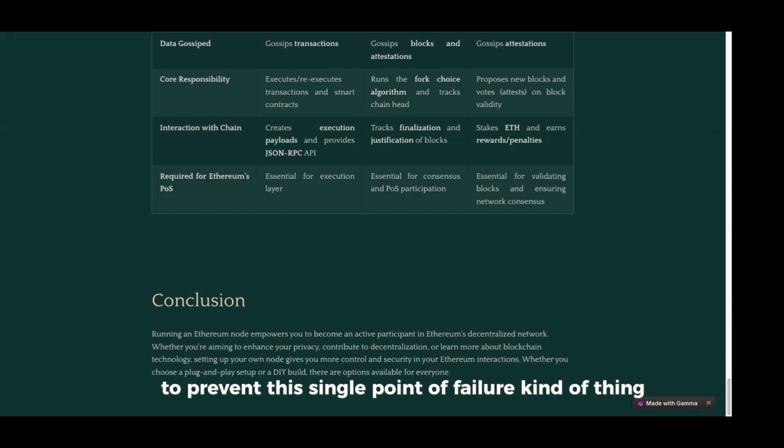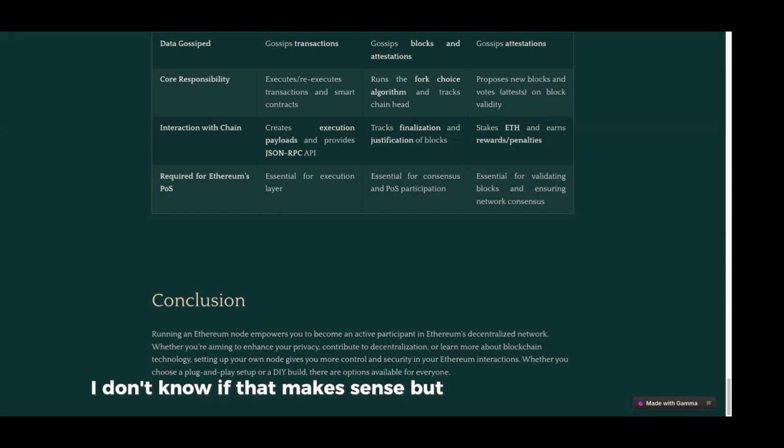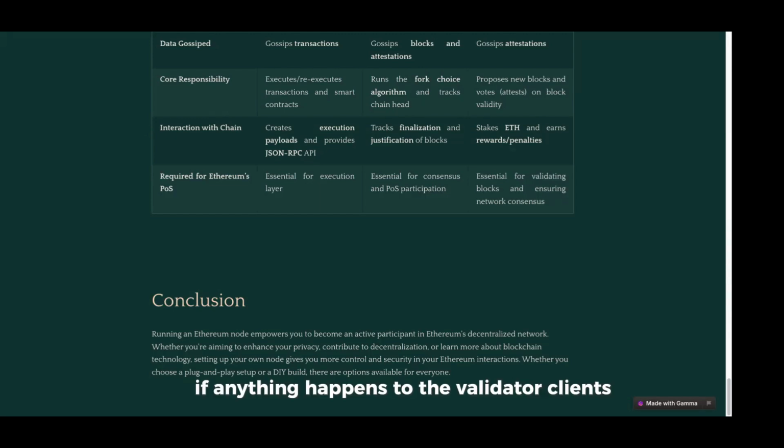I don't know if that makes sense, but if you have a setup where, if one thing fails, then that system would have an issue. For instance, if there's just one validator client running in your validator set, and that setup fails, or anything happens to the validator client, then your node is in danger or you'll be slashed.